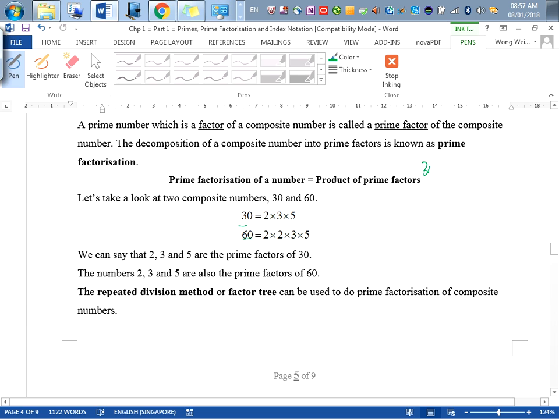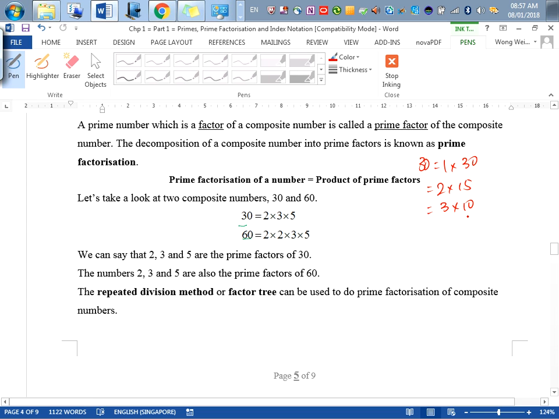So for example, 30 equals 1 times 30 equals 2 times 15, 3 times 10, then 15 times 2, and we see that this is a repeat, so we stop here. 30 is equal to all these, right? All these are known as factors of 30.